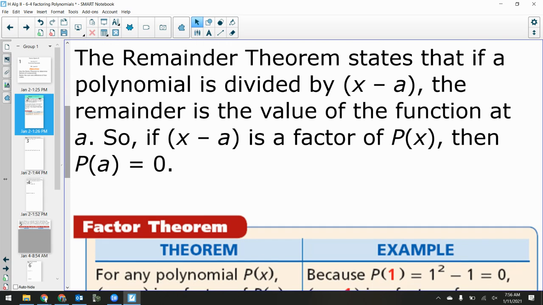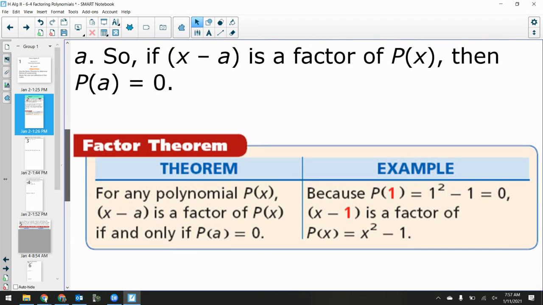This remainder theorem that you have on your paper says that if we take x minus a and divide it through a polynomial, and the remainder is 0, or if you plug it in and it turns out to be 0 in the end, we know that it's a factor. For any polynomial p of x, x minus a is a factor of p of x if and only if, so that's a biconditional statement, the opposite is also true as well.